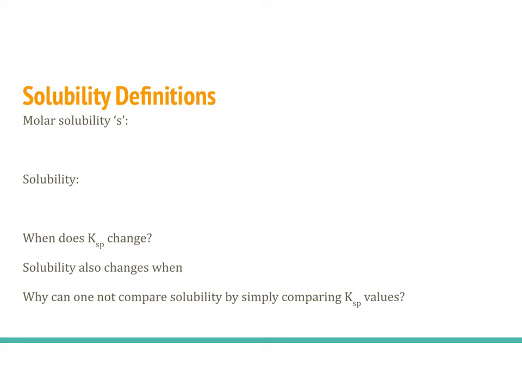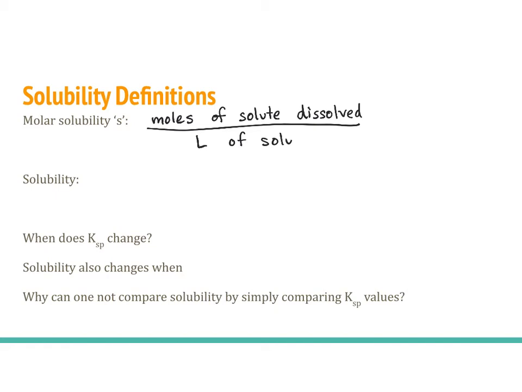So some definitions to move us forward to the next thing. Molar solubility is defined as the moles of solute that are dissolved, they're actually in the water as ions, divided by liters of solution.